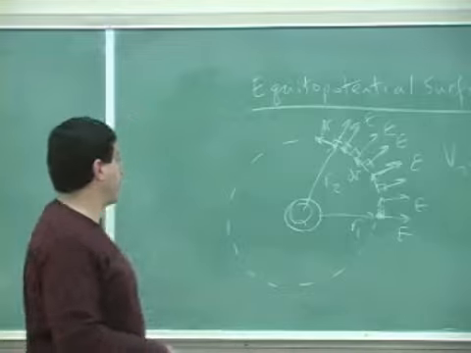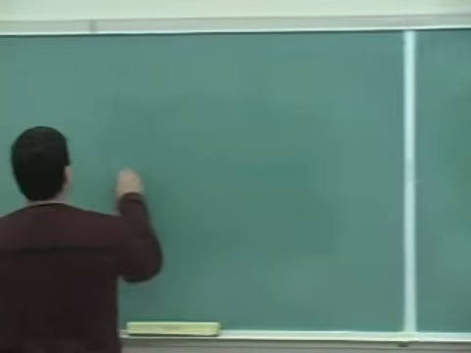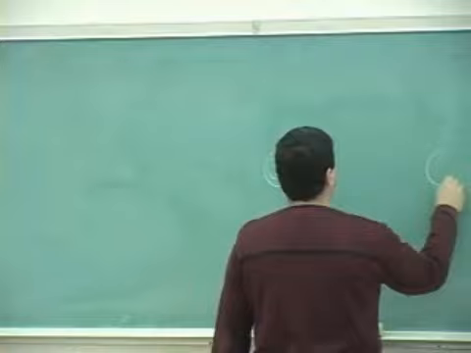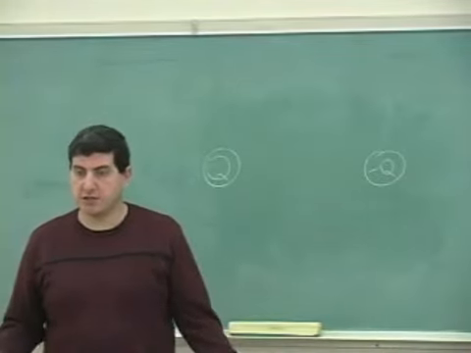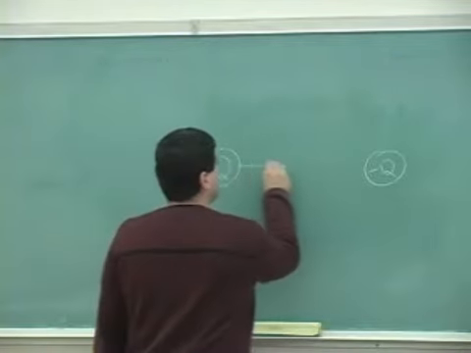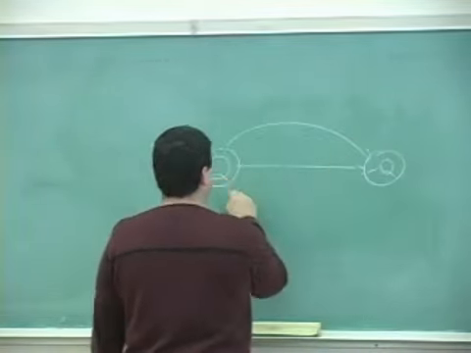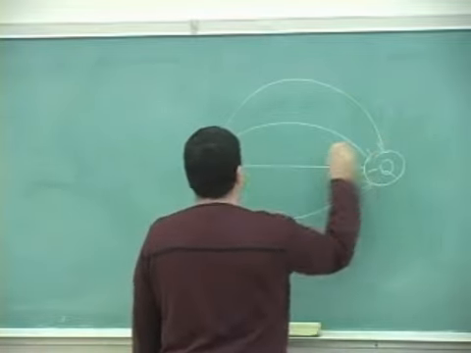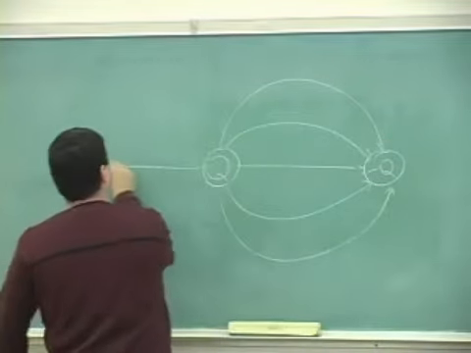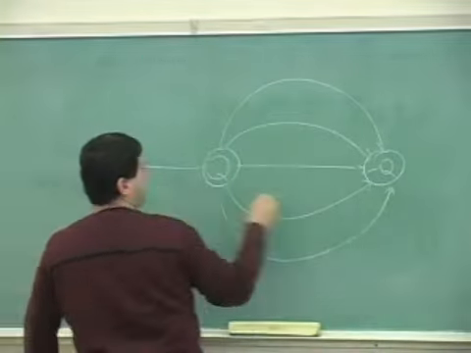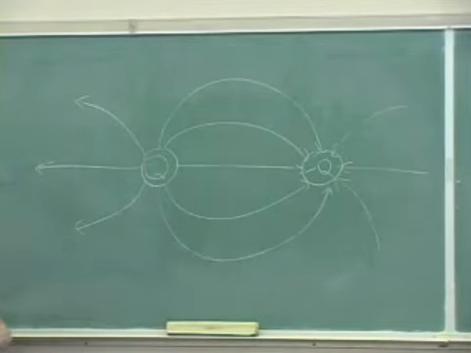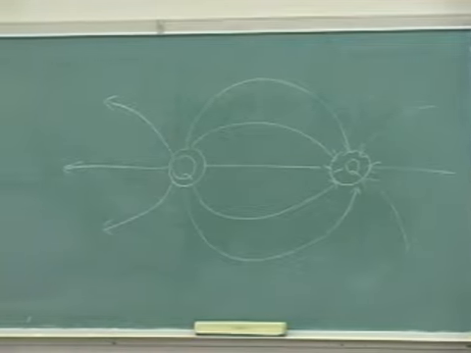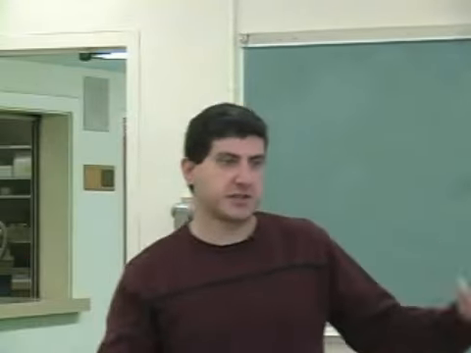If I have a dipole charge configuration, we learned in chapter 23 how to draw its electric field lines. What are going to be the equipotential surfaces or lines of this?